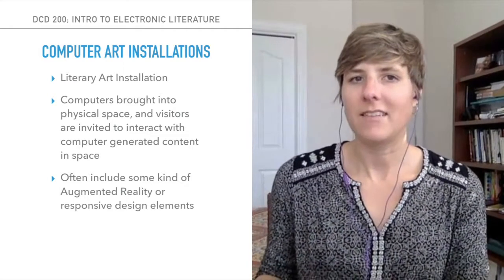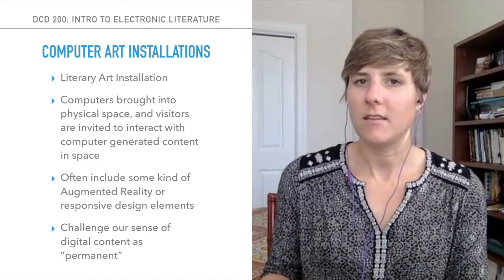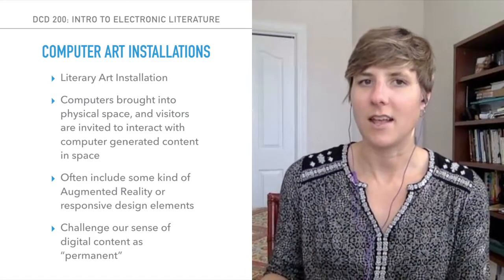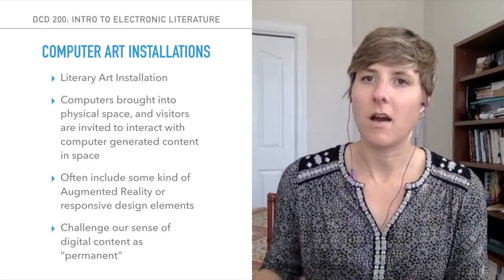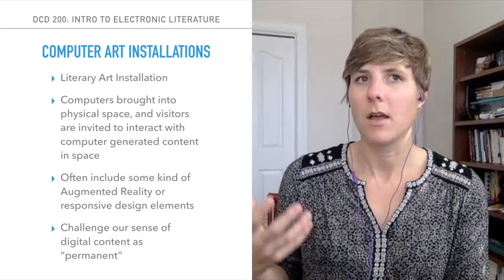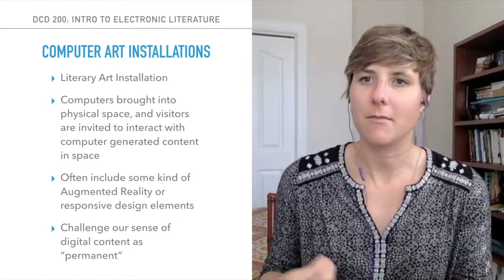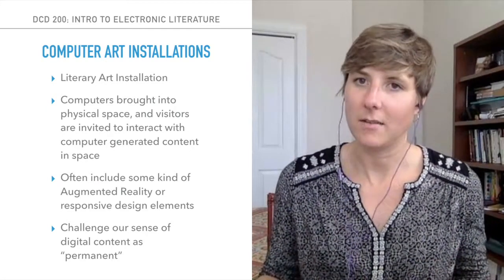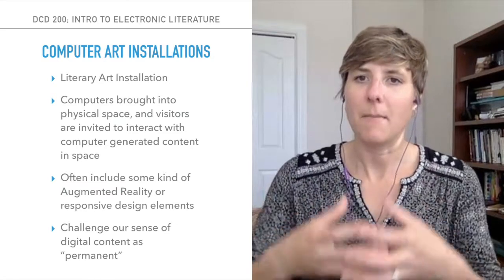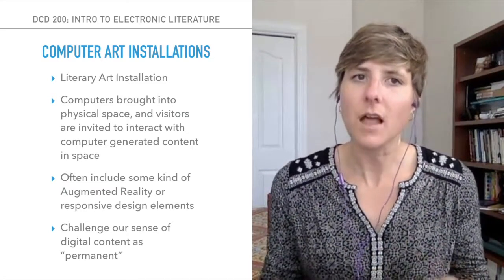And one of the cool things that happens in these installations is that they really challenge our sense of computer-based content and digital content as permanent. Right, so in our second unit, we talked a lot about cultural heritage and how creating digital spaces for our texts and for our histories helps make them somewhat more permanent, right, and helps keep them alive and circulating and stores them for longer.